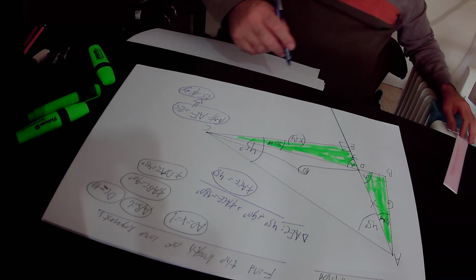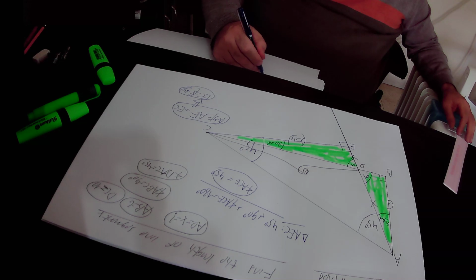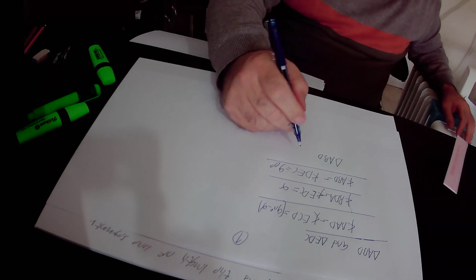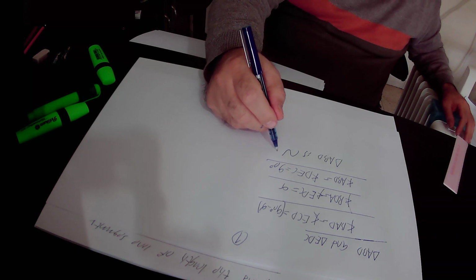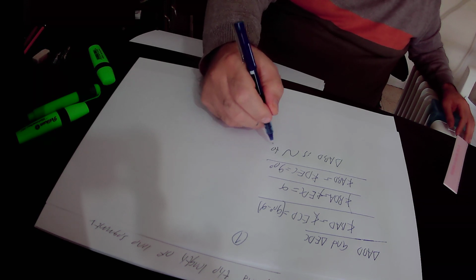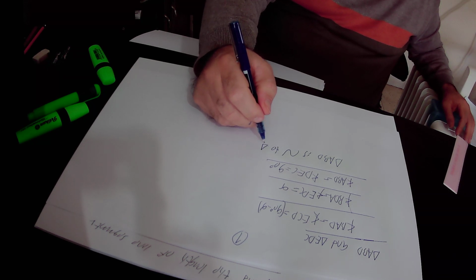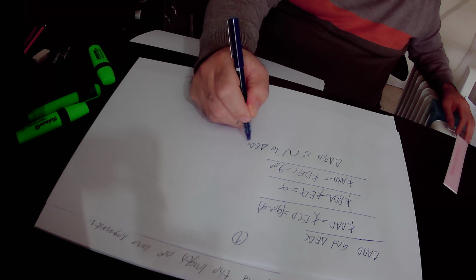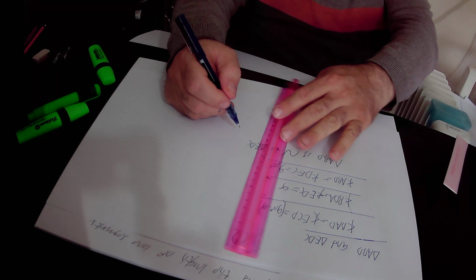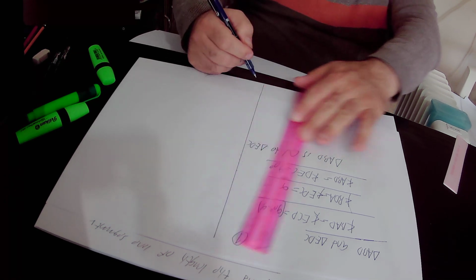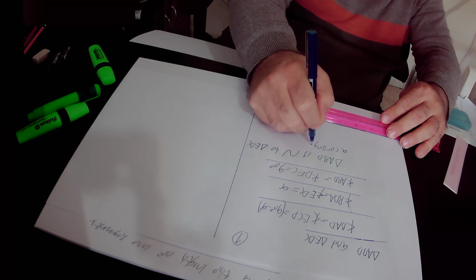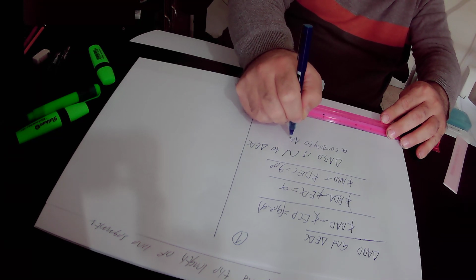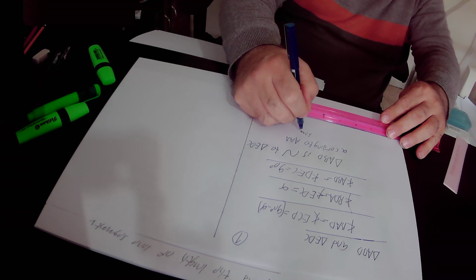Therefore, we proved that the right triangle ABD is similar to the right triangle EDC according to the angle similarity rule.